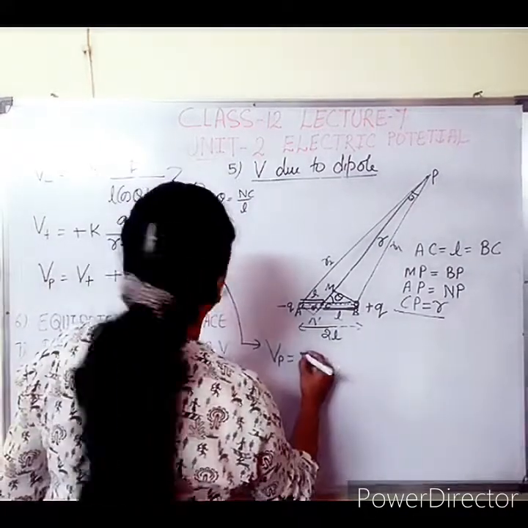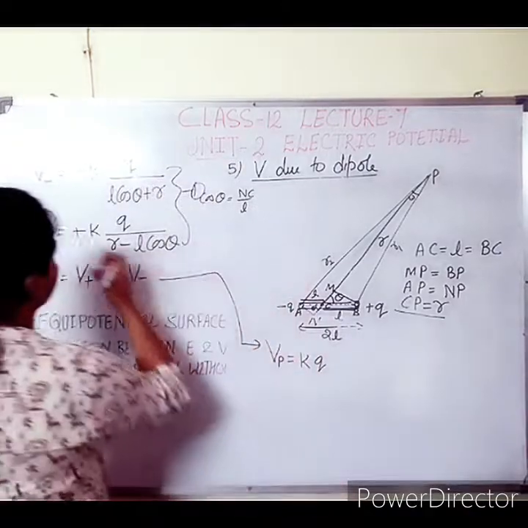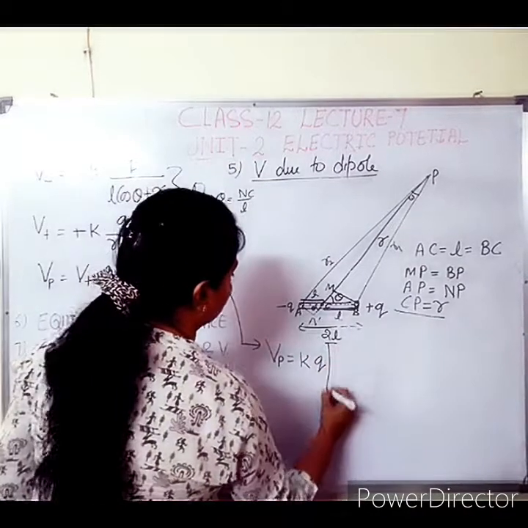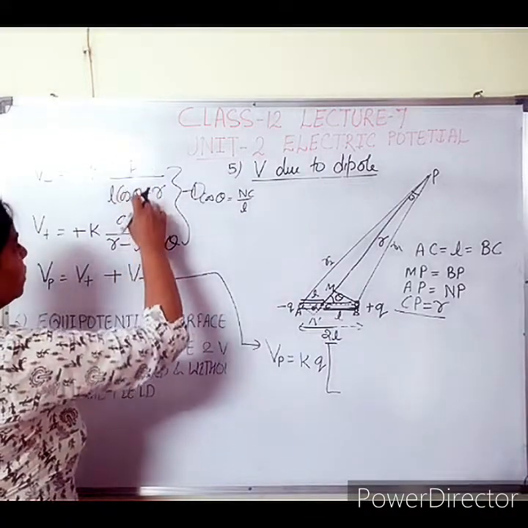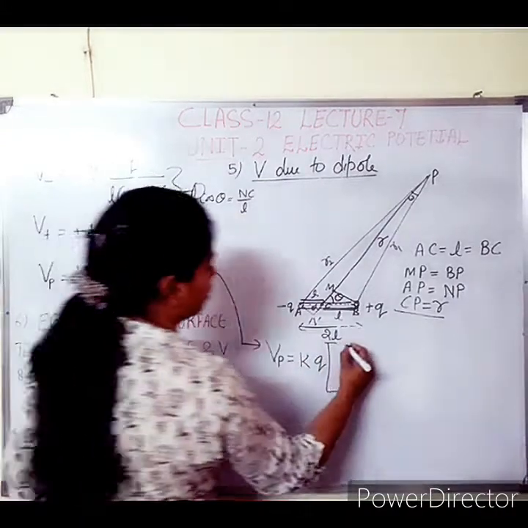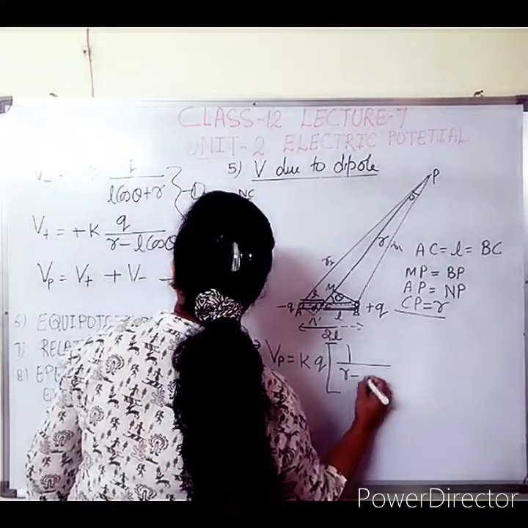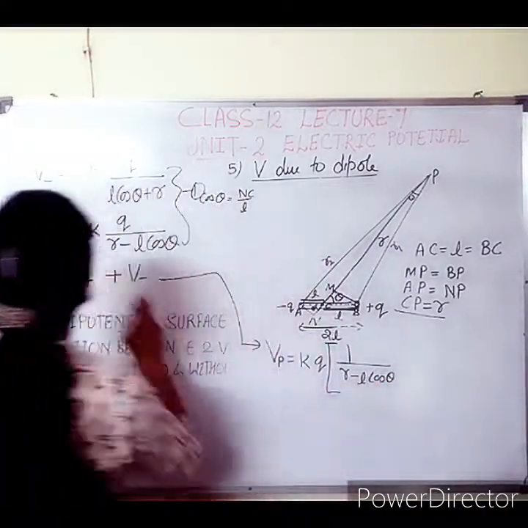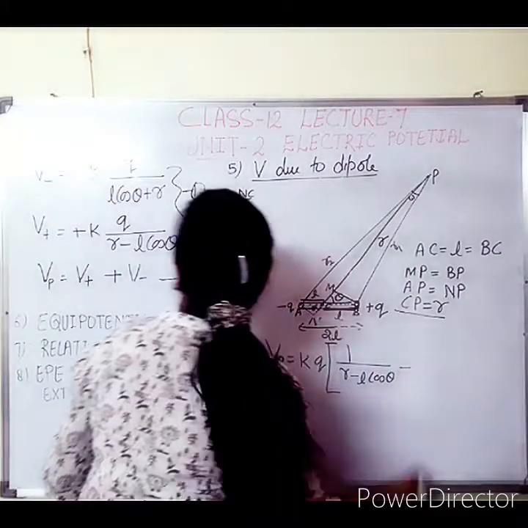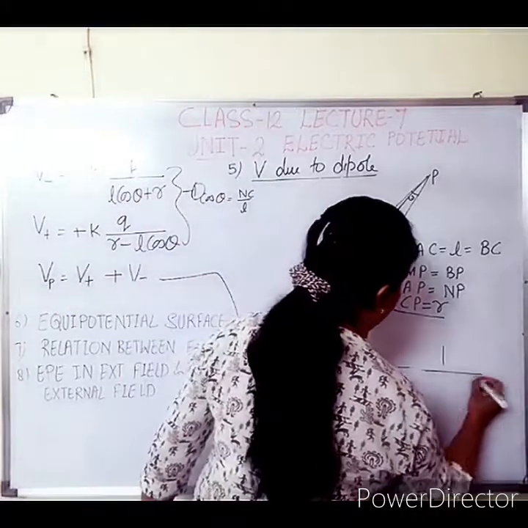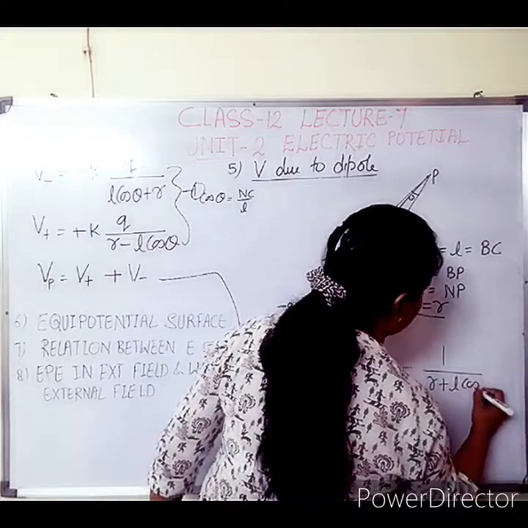V plus is KQ. You can take these term common, V plus plus V minus. So KQ you can take common, and it will be 1 over R minus L cos theta. This is with plus sign and this is with minus sign, so minus will come here, and 1 over R plus L cos theta.